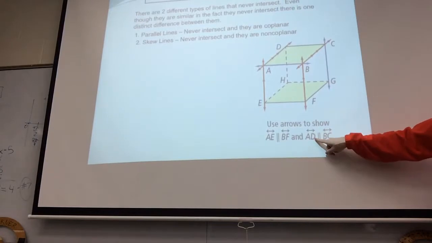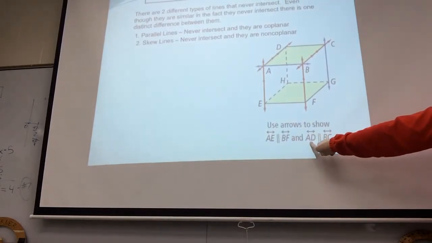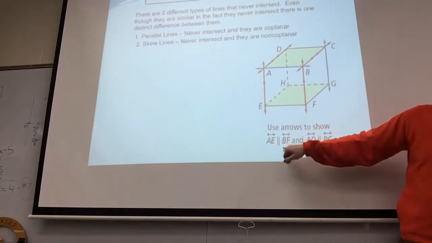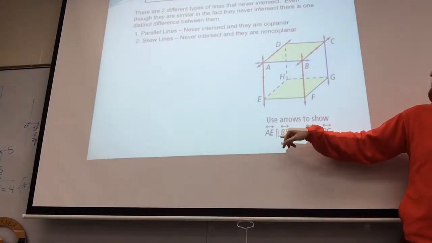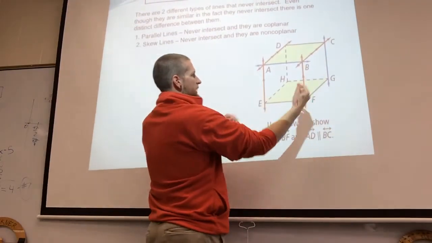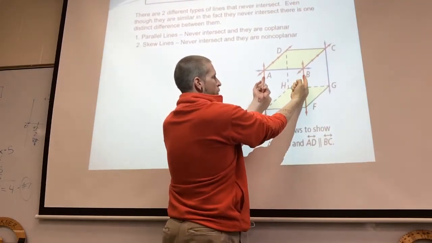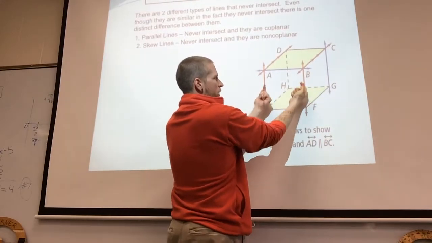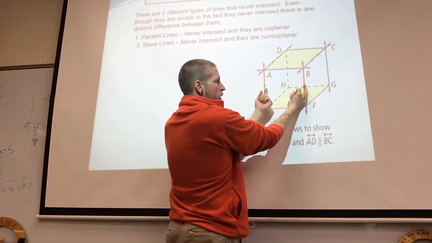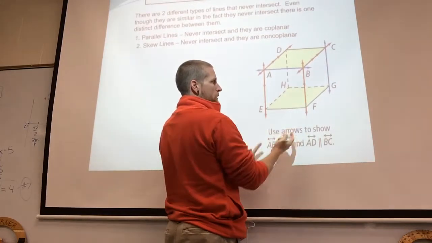So anytime you see this right here, that's telling you that these two lines are parallel. This notation will come up all the time. The other thing is, if you look at the diagram, the little arrow in the middle of the lines, that's also how on the pictures they will note parallel.